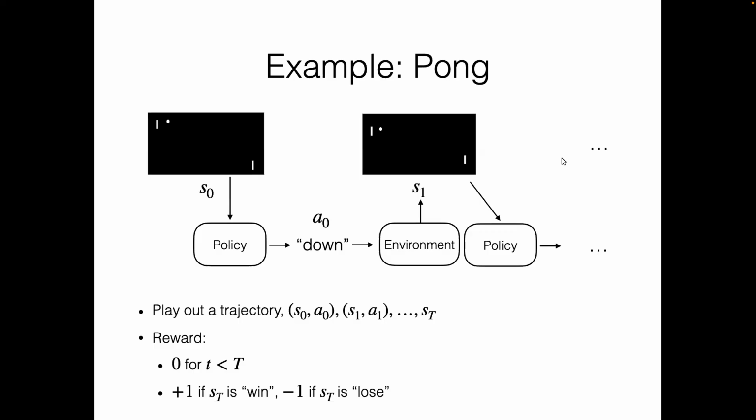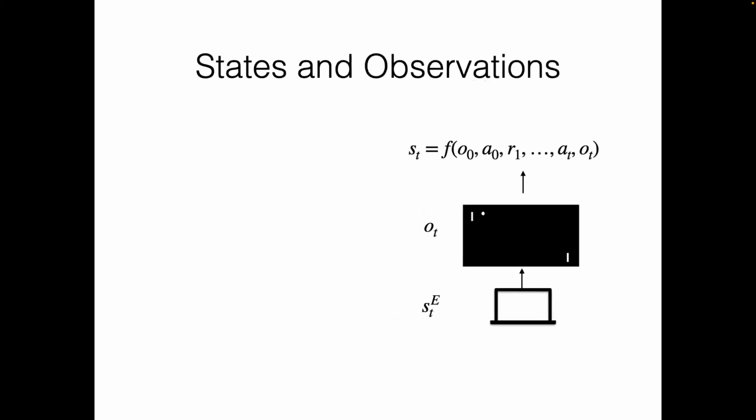There's one thing that I want to clarify, just so that you've seen it before, which is this difference between states and observations. When you think about the system that is running Atari, the actual implementation of the game, that is in some sense some state which the agent is not able to see.